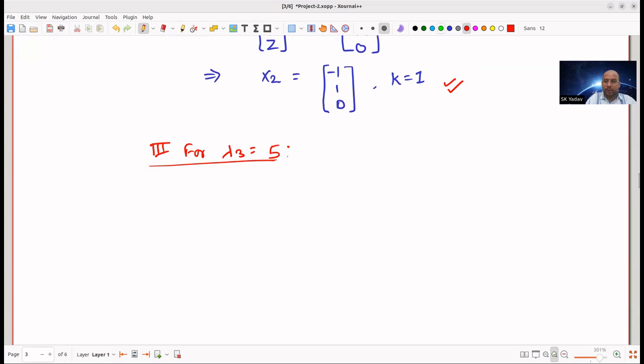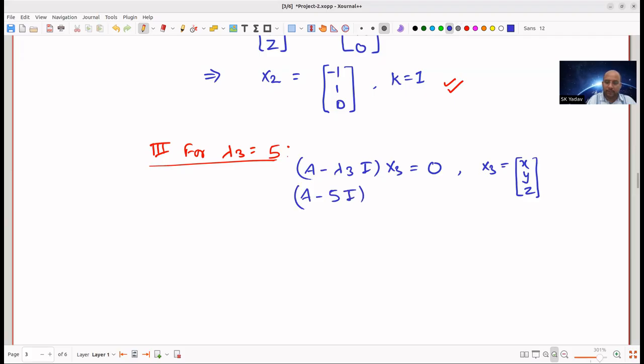So now in this one, we just solve again, it is a repetitive process. A minus lambda 3 I times x3 is equal to 0 vector, where x3 is again x, y, z as I am taking from the beginning. So now write down the matrix for A minus 5I, x3 is equal to 0.